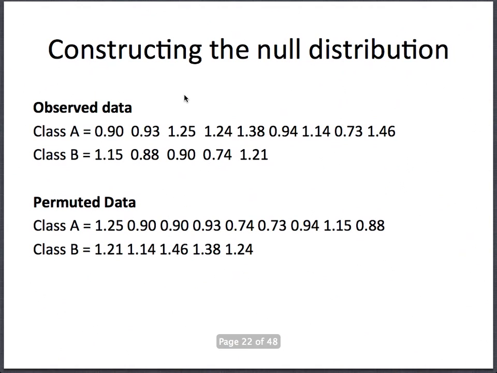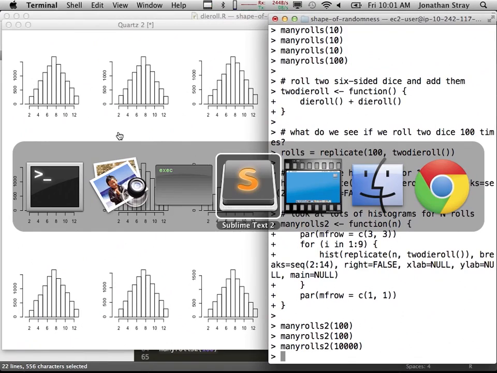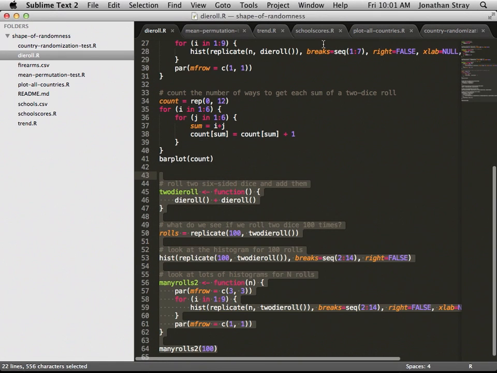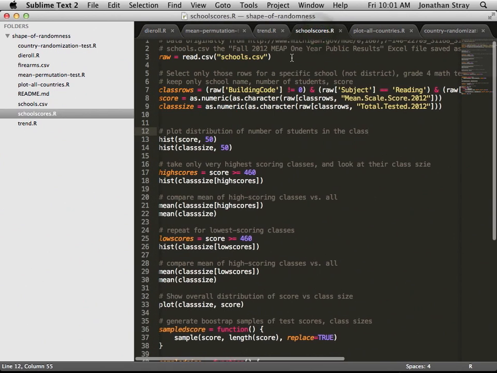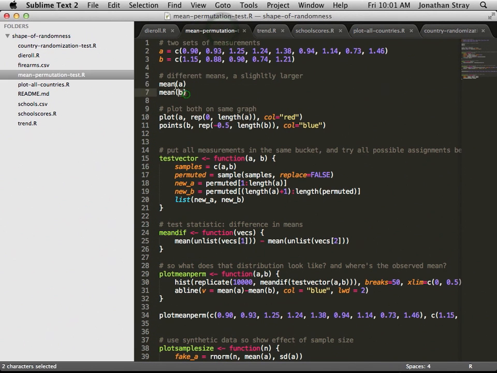So here's what I mean, in real practical terms. Say these are scores on a standardized test. I'm imagining that 1.0 is the average on your standardized test. And this is what I see. I see class A has all of these numbers, and I'm actually going to compute, here we go.